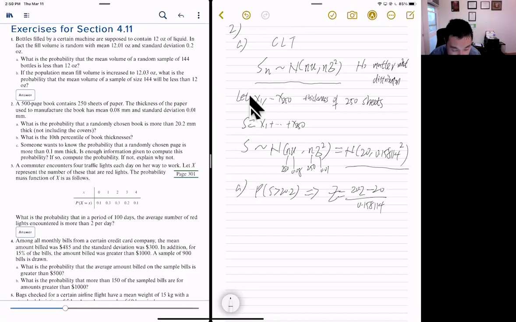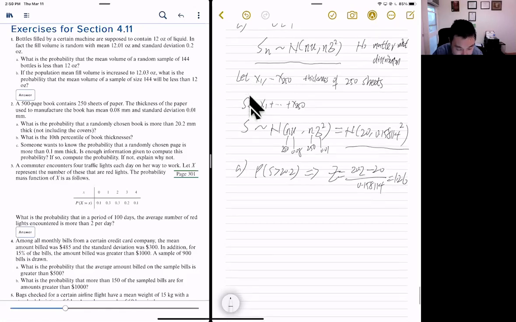The Z score for 20.2 is 1.26. You can do the procedure yourself and see if you find the same thing. Then we need the area to the right of Z of 1.26, because the question is asking more than 20.2. More than 20.2 is on the right, so don't forget that part.